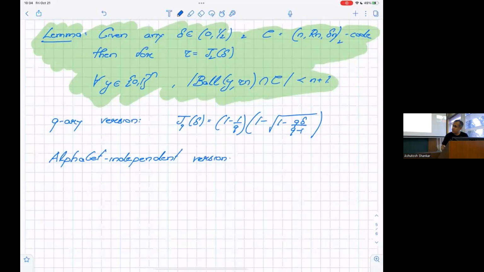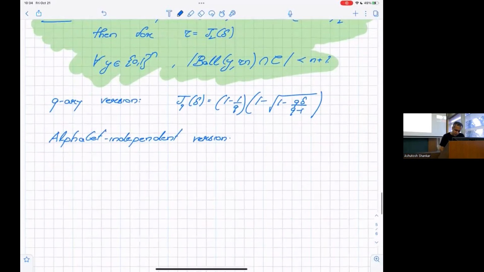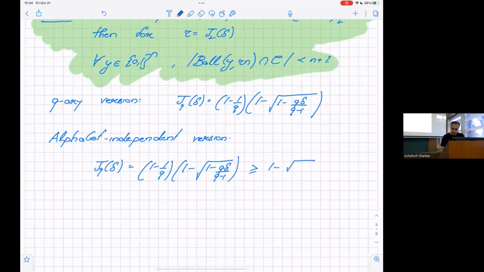It goes by observing that JQ delta, which is 1 minus 1 over q times 1 minus the square root of 1 minus q delta by q minus 1, is always greater than 1 minus the square root of 1 minus delta.